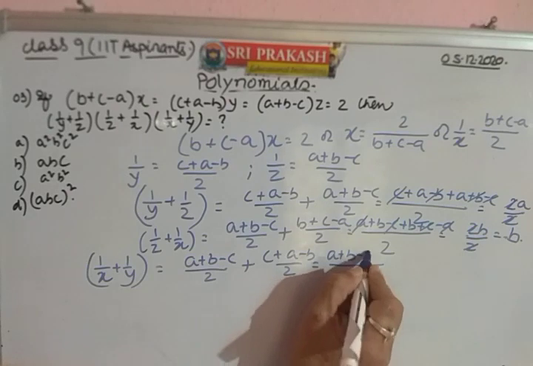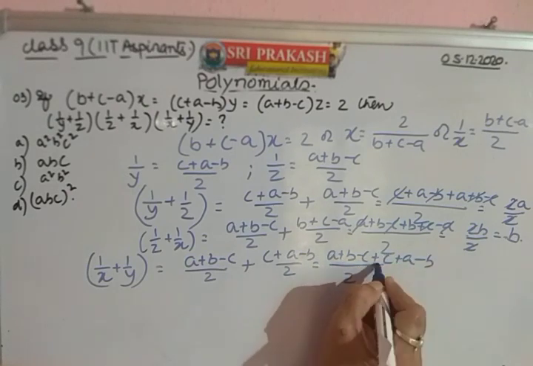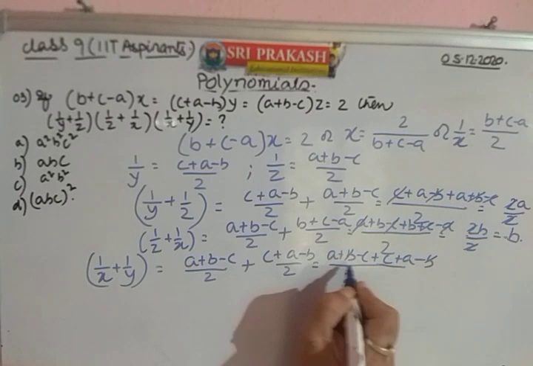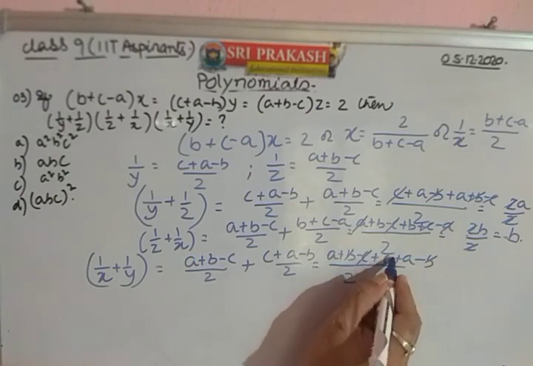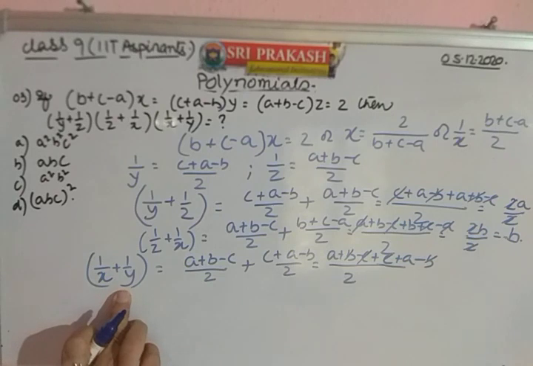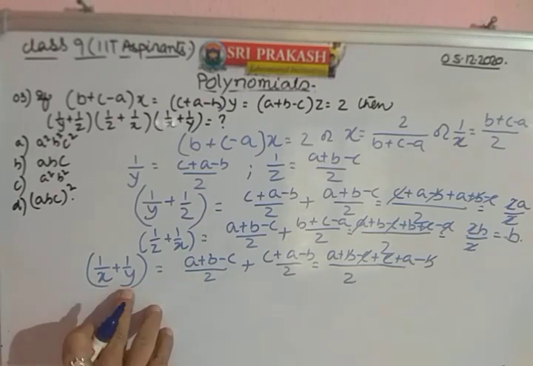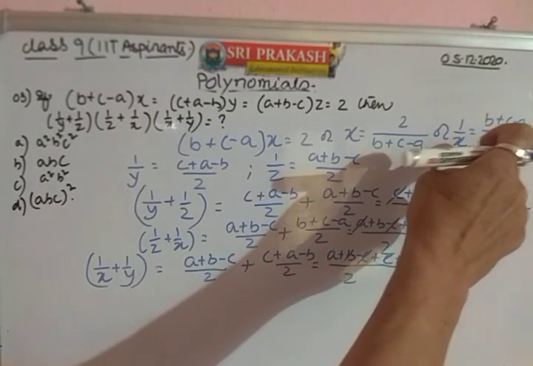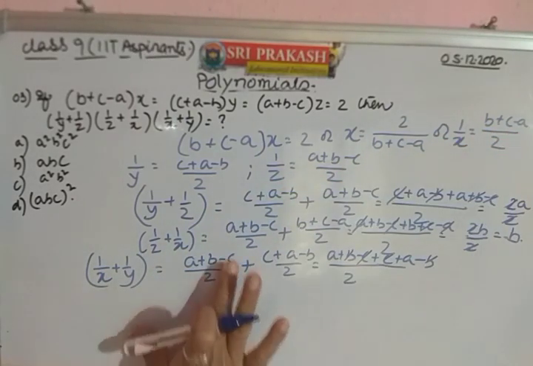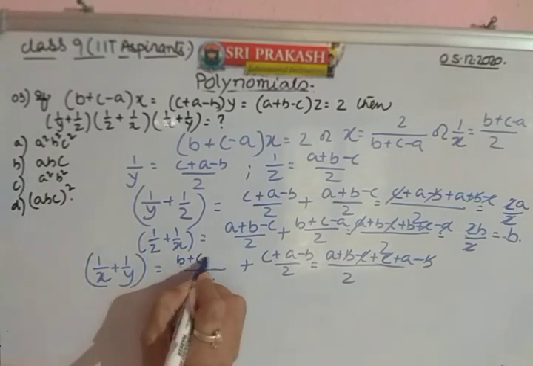A plus b minus c plus c plus a minus b. Minus b plus b, minus c plus c. 1 by x, b plus c minus a, sorry, b plus c minus a.